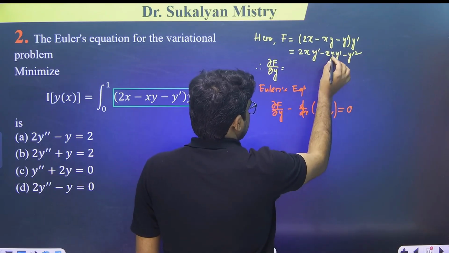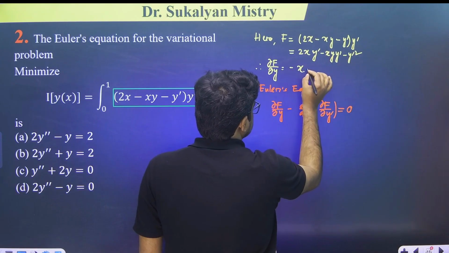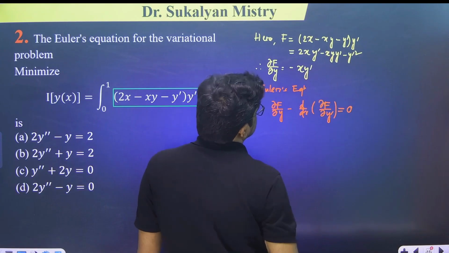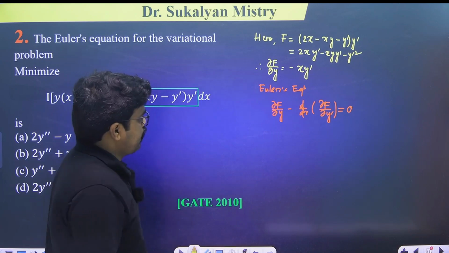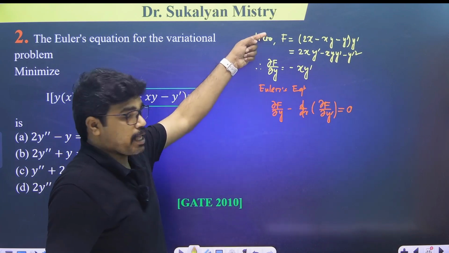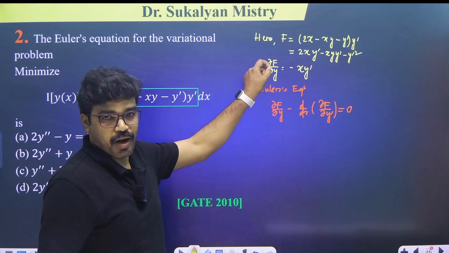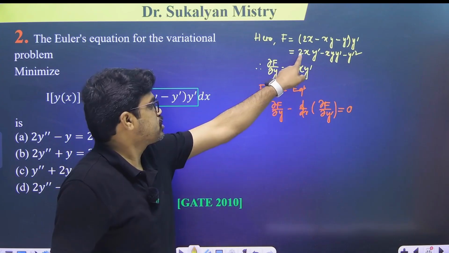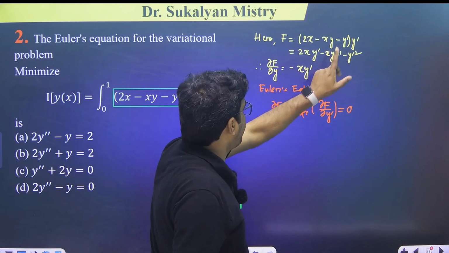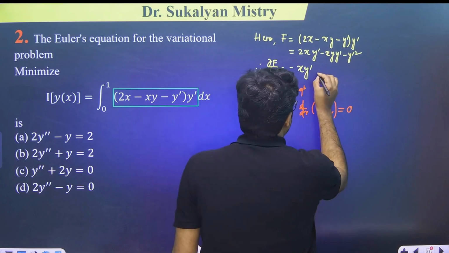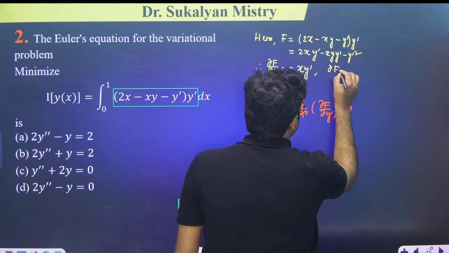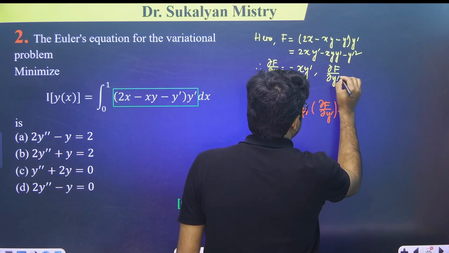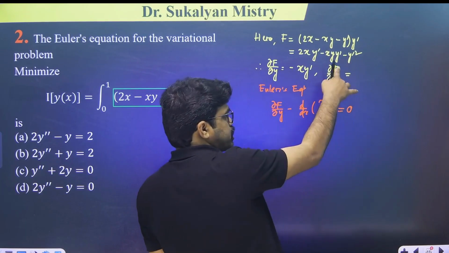Okay, so this will be 0, that means minus x y dashed. We differentiate f with respect to y partially. So 2x y dashed is constant, so this is 0, right? So this will be minus x y dashed. And del f/del y dashed is differentiation partially with respect to y dashed.